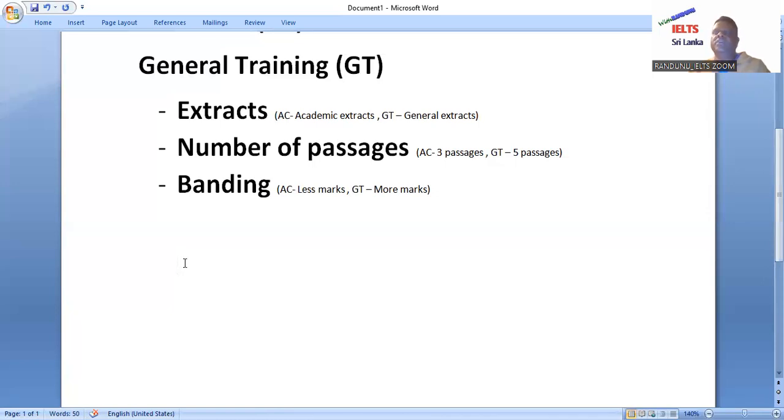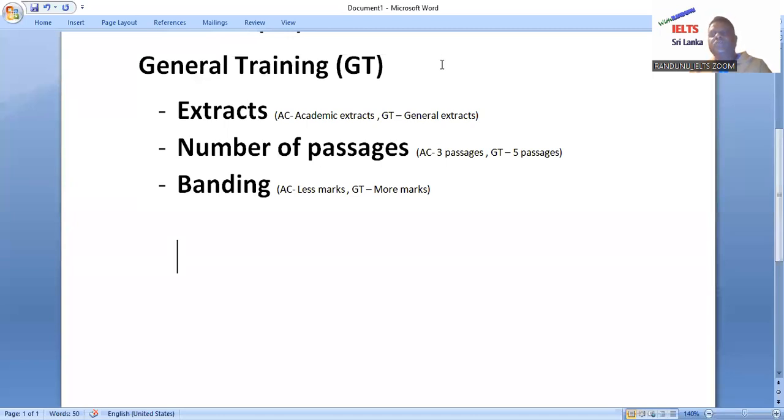Now the question is for academic students: yes, they have to attend general also. Then how about general students? Do they have to attend academic reading classes? For that question also, the answer is yes.